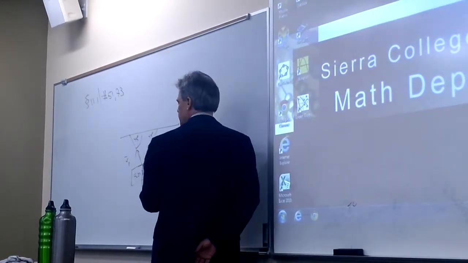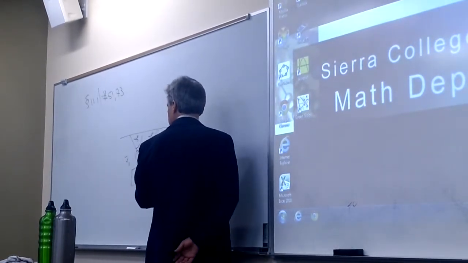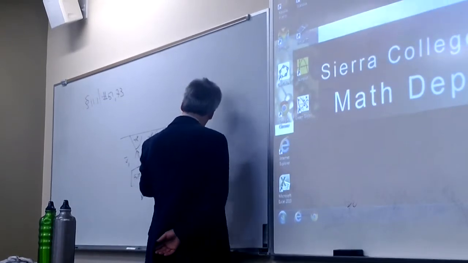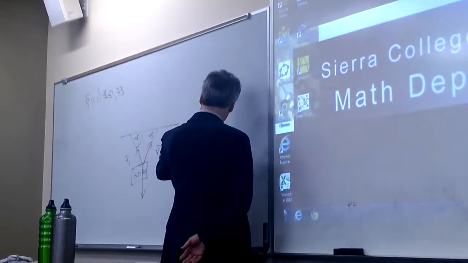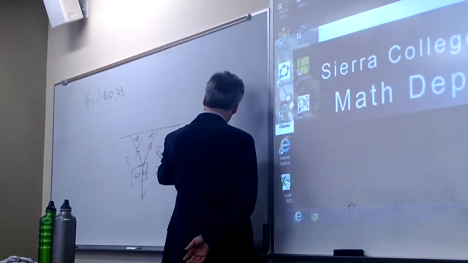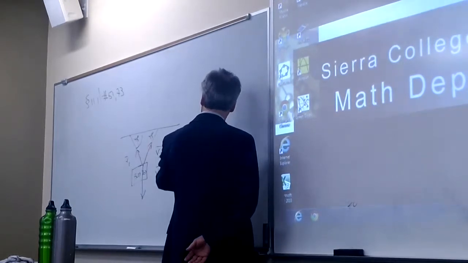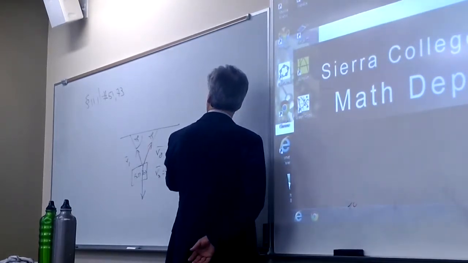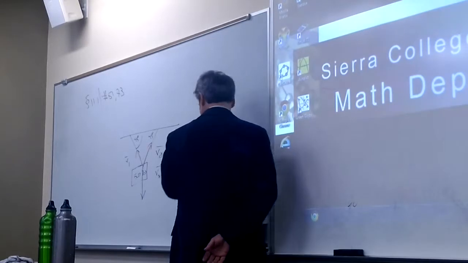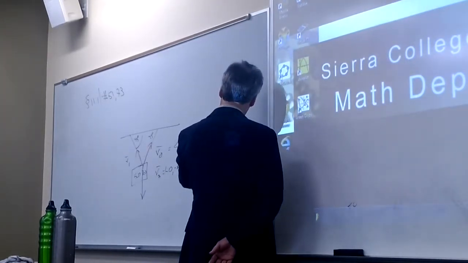By the way, when it comes to V2 bar, can you do the same thing up here? Can you give me its components? The magnitude of V2 bar times the cosine of 45 degrees, comma, the magnitude of V2 bar times the sine of 45 degrees.